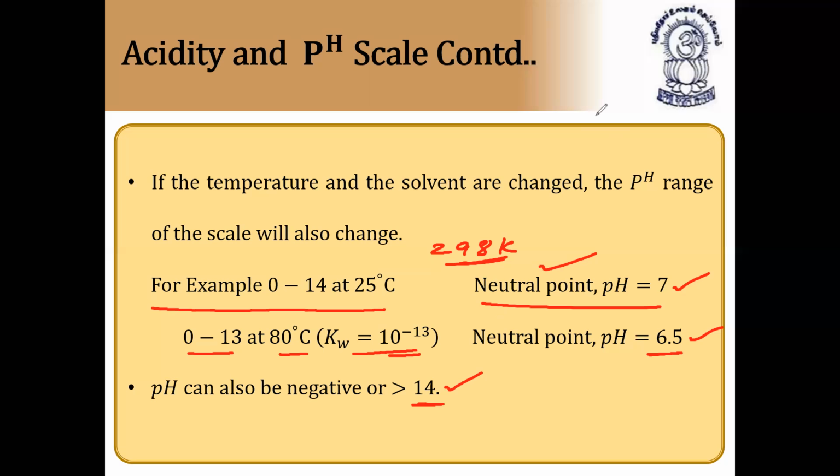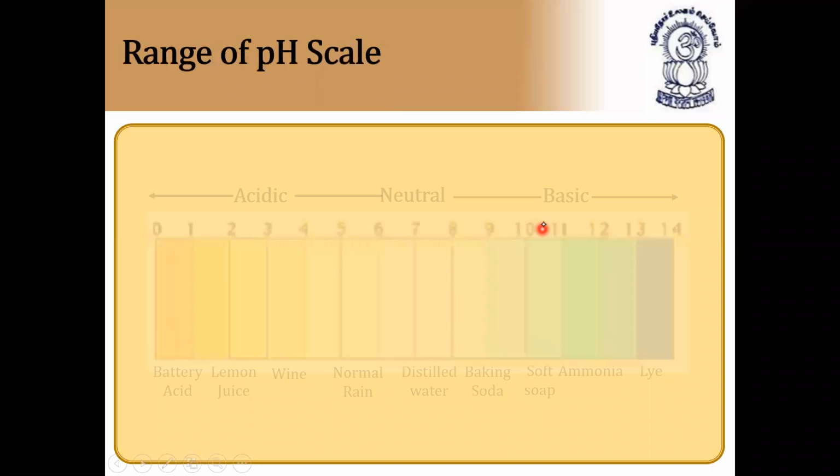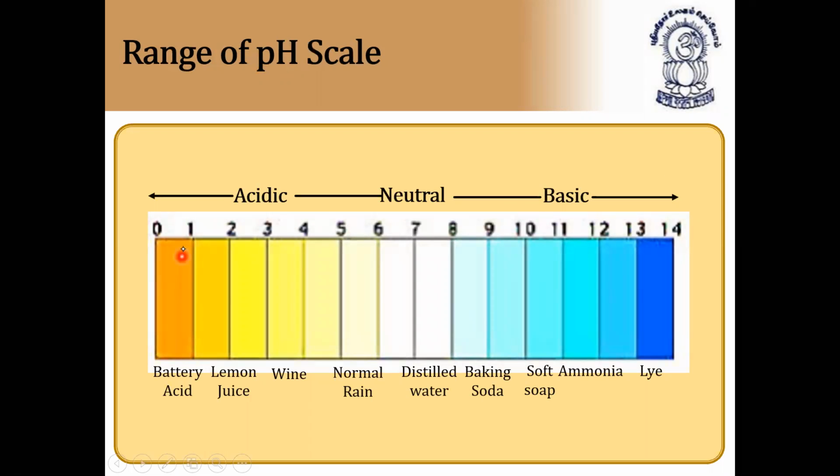In your classwork. Next continuation, range of pH scale. From 0 to less than 7, almost 6.9 also, it is called acidic. Exactly 7 it is neutral, and greater than 7 it is basic. So battery acid, lemon juice, wine, normal rain, distilled water.